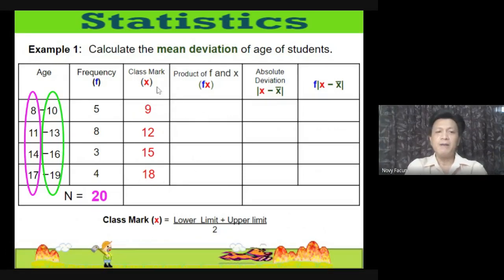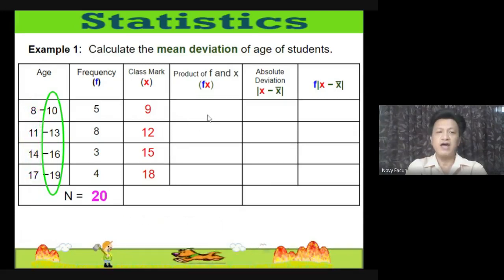And then, kapag nakuha na natin yung class mark, makukuha na natin yung nasa column number 4, which is the product of the frequency and the class mark. I-multiply lang natin yung class mark doon sa bawat corresponding niya na frequency. That is the solution. We have 5 times 9, that is equal to 45. And 8 times 12, that is equal to 96.